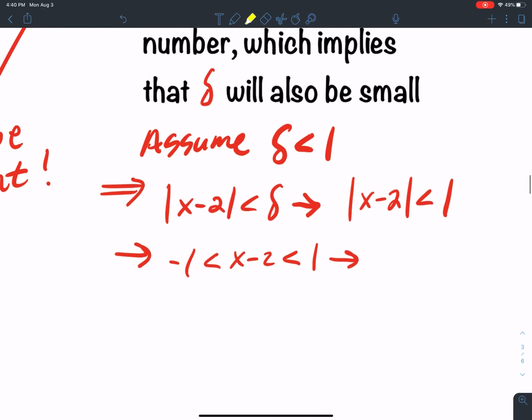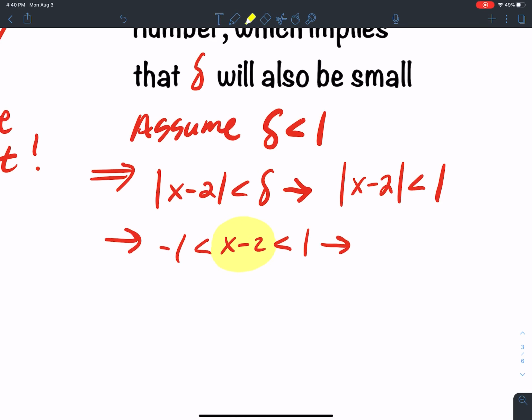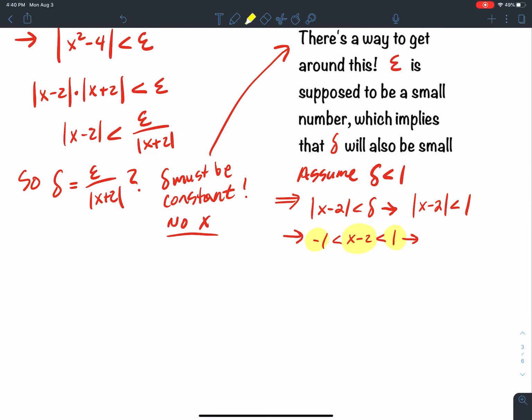And so what do I have? I got -1 to 1 here. I want to get x by itself, so I'm going to add 2. And if I add 2 to everything, I get x is between 1 and 3. Okay? x is stuck between 1 and 3, assuming that delta is restricted to be less than 1.